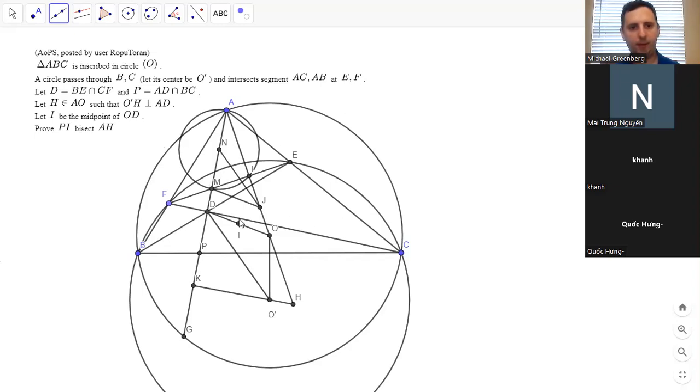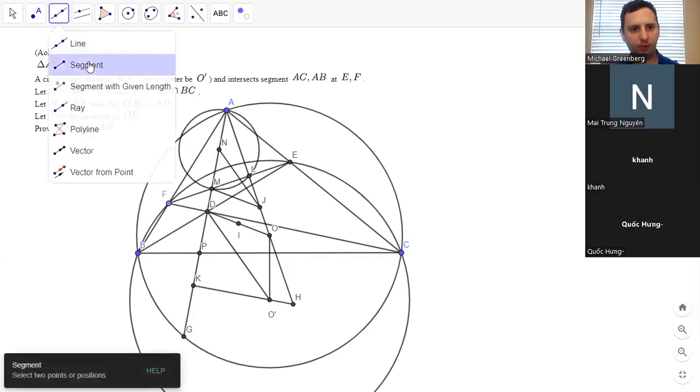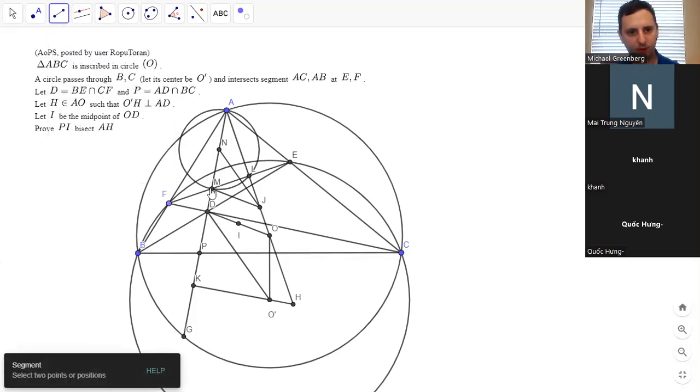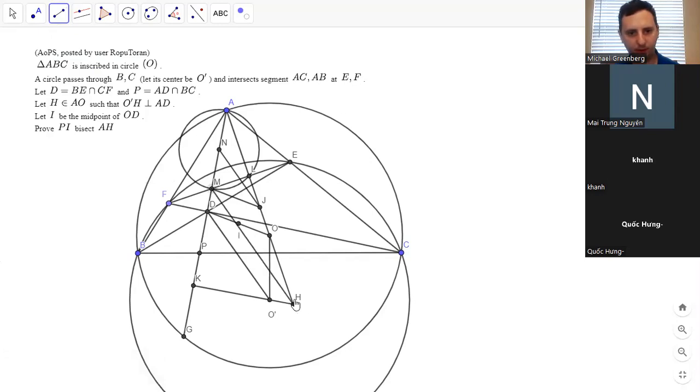So basically MH, it seems like MH would be parallel to O prime D. Is that obvious?